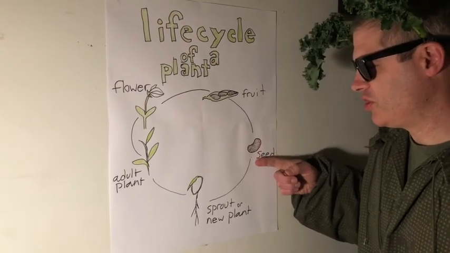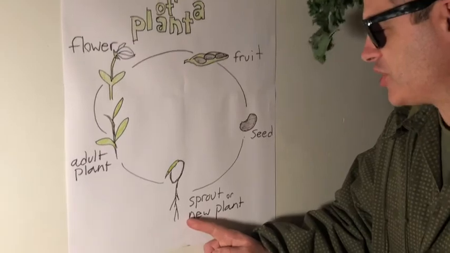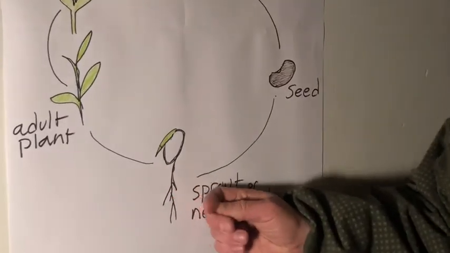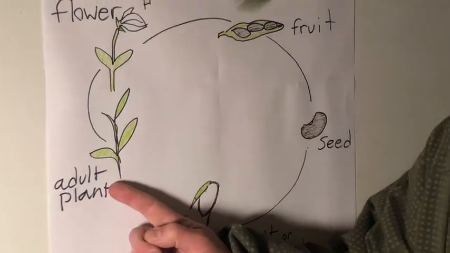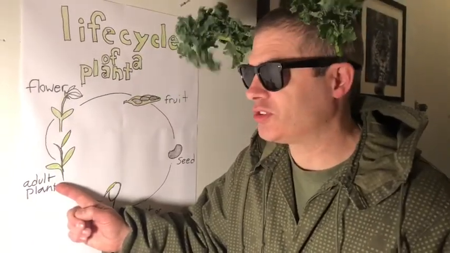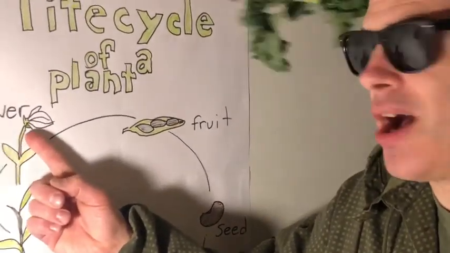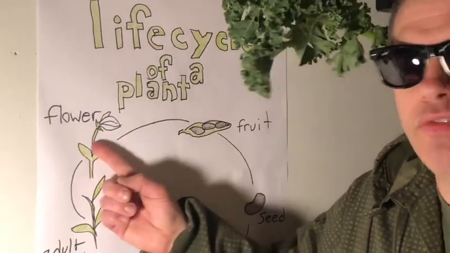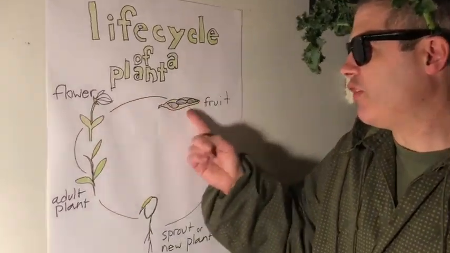The seed goes into the soil or the water, and we have a sprout or the new plant. Then, as the little seedling grows, eventually the adult plant, and then we see at the top of the adult plant the flower. And then after that, the fruit.